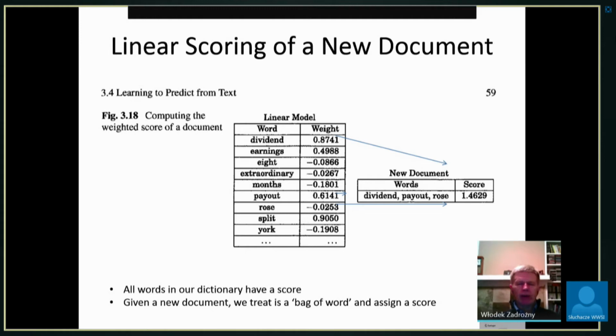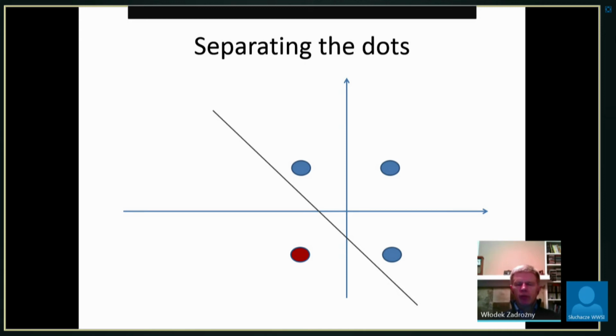All right, so let's look at this model from another perspective. Before, we talked about classification as having to do with separating points in a space, or in a hyperspace if we have more than 3 dimensions. So let's look at this situation. Here we have 2 classes, red and blue, and obviously they can be separated by a line. The question is, how can we go about computing this separating line?